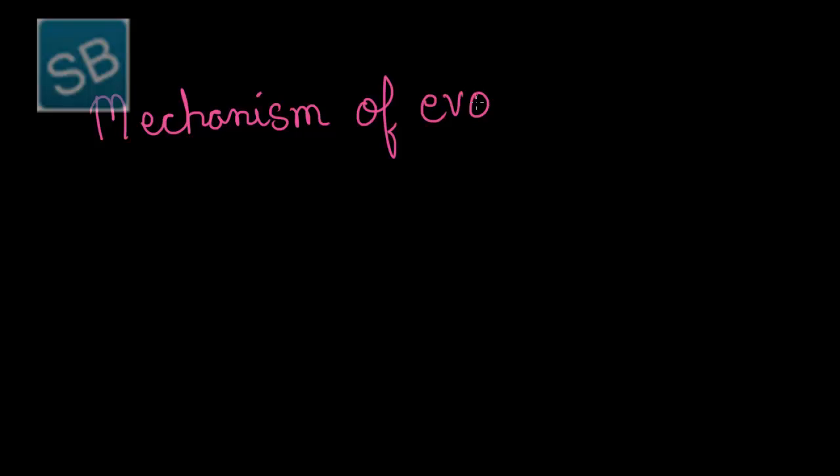Following it comes another topic, that is the mechanism of evolution. On the basis of these concepts and theories that explain biological evolution, it is easy to understand now the mechanism of evolution.